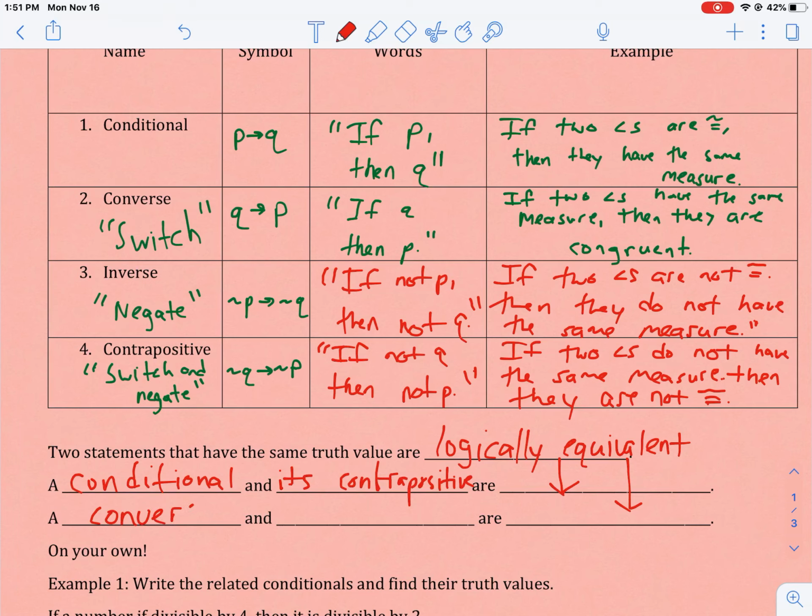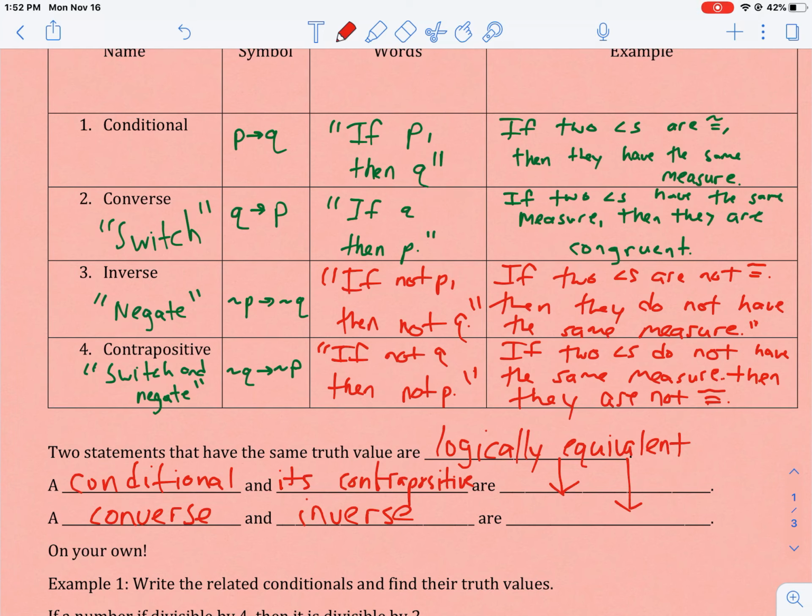A converse and the inverse are always logically equivalent. So if a conditional is true, the contrapositive is true. If the conditional is false, the contrapositive is false. If the converse is false, the inverse is false. If the converse is true, the inverse is true.